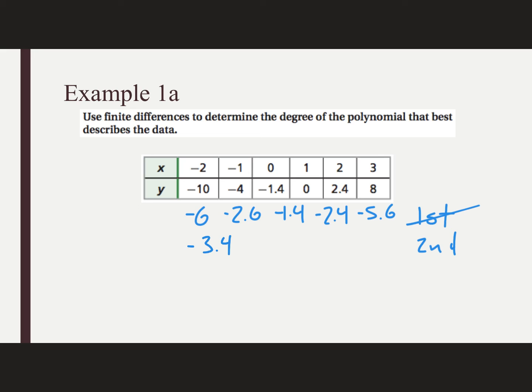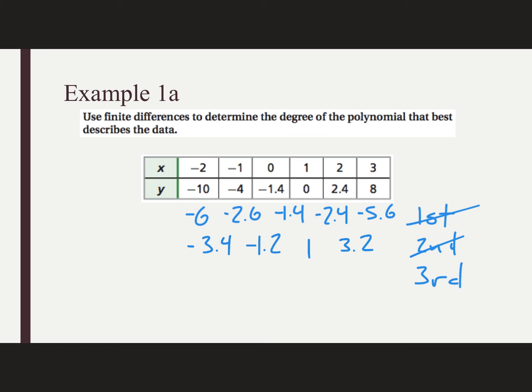Then negative 2.6 minus negative 1.4 is negative 1.2. Negative 1.4 minus negative 2.4 is positive 1. And negative 2.4 minus negative 5.6 is positive 3.2. Those numbers don't match yet, so it's not the second set of differences, so it's not second degree.